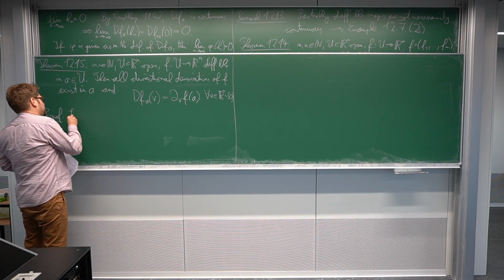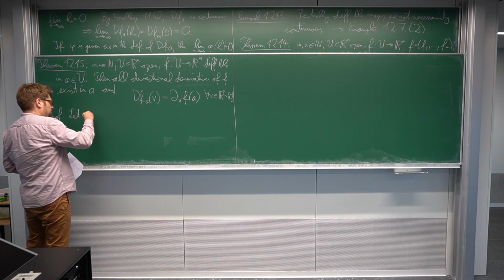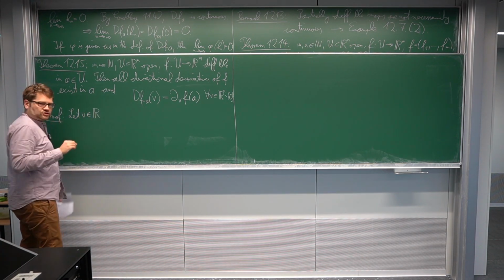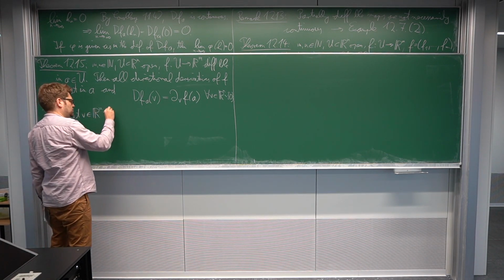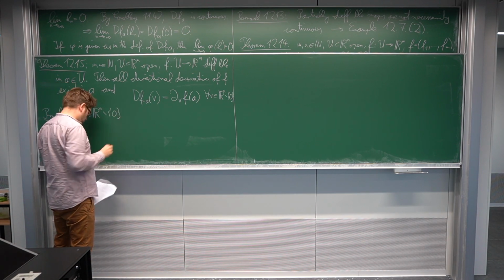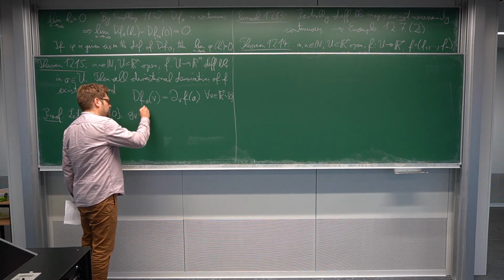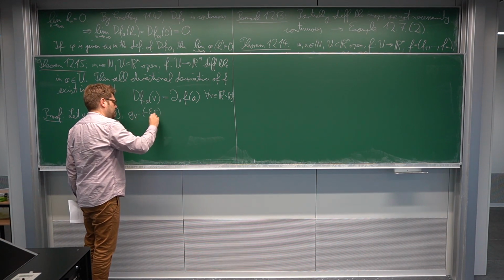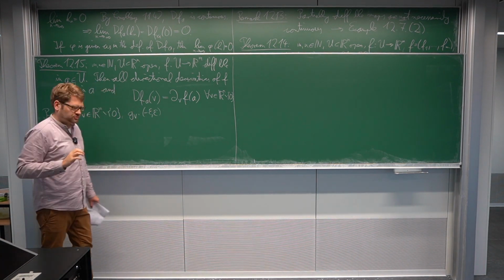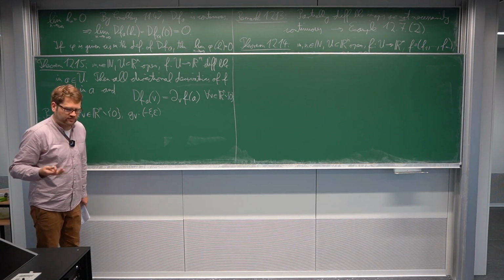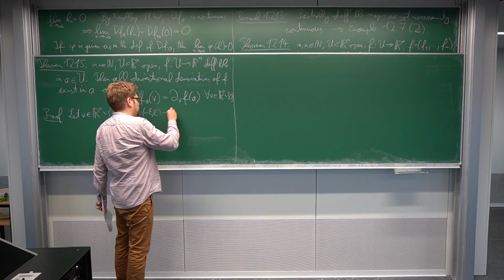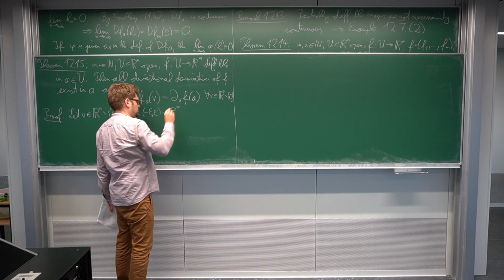So we assume f is differentiable, and we need to check what the directional derivatives do. So we take a direction v in R^n without 0. And g_v is now the corresponding map which we need to differentiate to get the directional derivative there, namely g_v from (-epsilon, epsilon) to R^m.